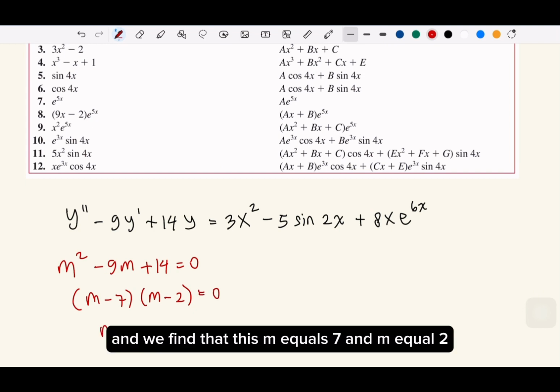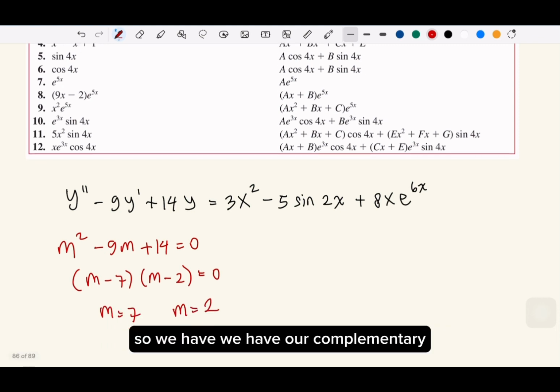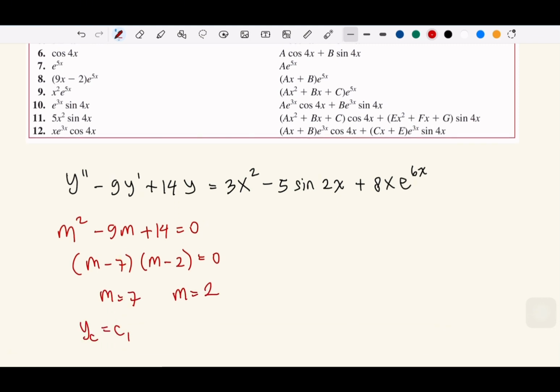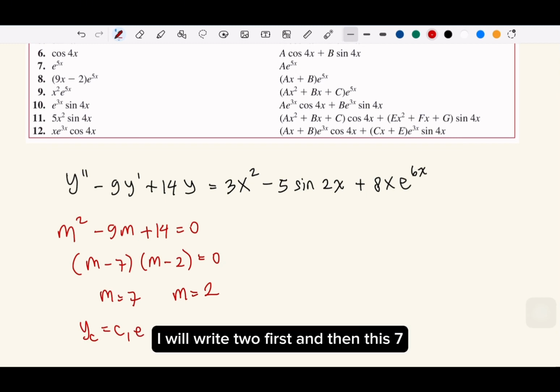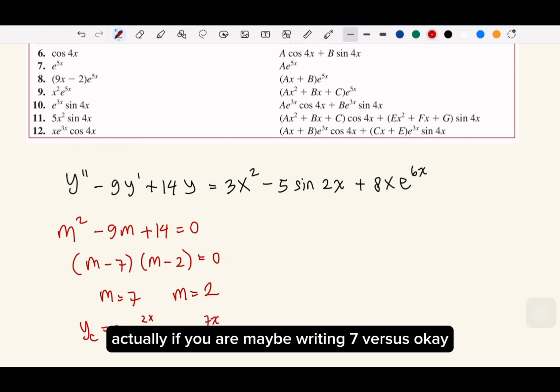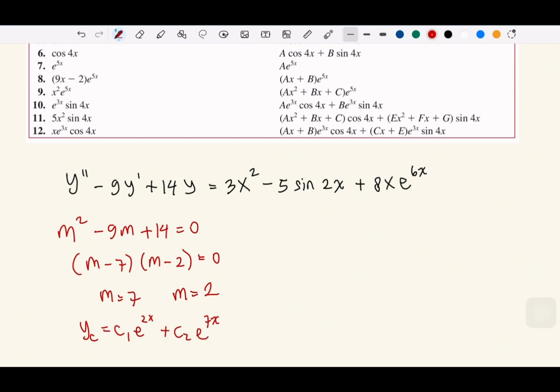And we find that m equals 7 and m equals 2. So we have our complementary solution, with e to the 2x first, and then e to the 7x. Okay, so you have this.